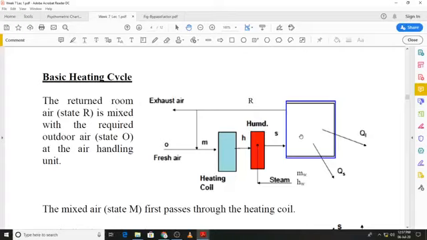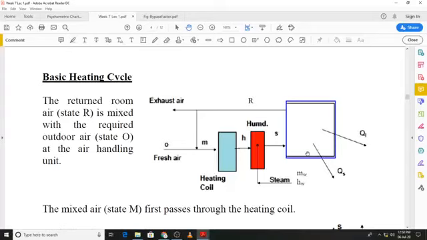Because we are talking about the heating cycle in winter, this space, let's say a room or a building, will be at a higher temperature and humidity ratio compared to the air outside. In winter, the air is cold and the humidity ratio is low. As a result, what will happen? There will be a heat loss, both latent and sensible, from the conditioned space to the surrounding or ambient air.